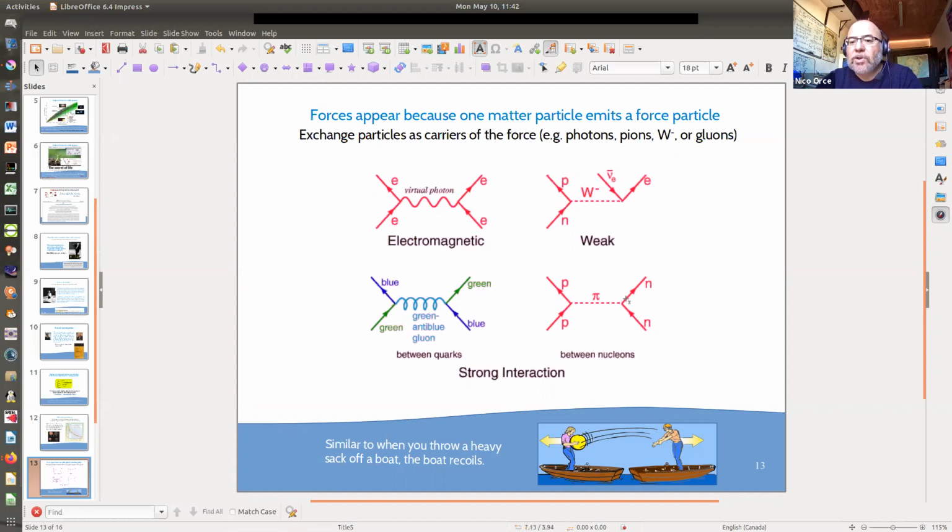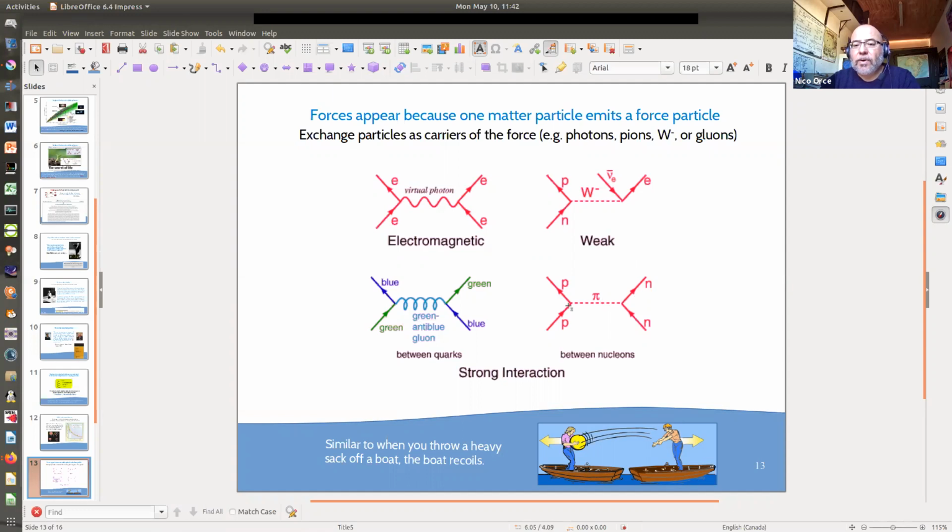And between nucleons, there's an exchange particle called the pion, but there are many other mesons involved, the pi meson, I mean the psi meson. There are many mesons involved in this exchange between protons and neutrons. In this case, but it could be proton-proton, neutron-neutron, as I say.